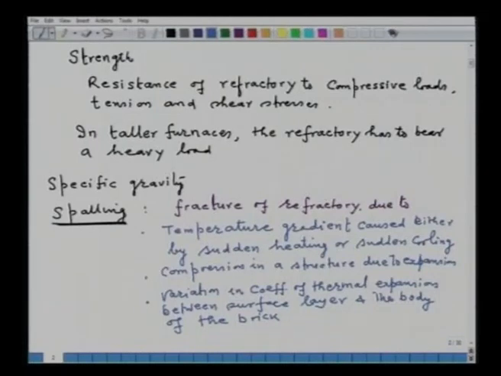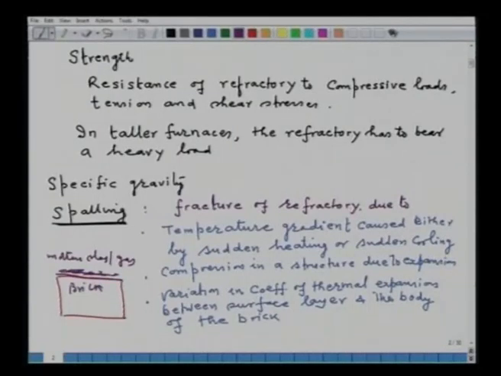Now, this can be explained. For example, if this is the brick and this brick is exposed to some molten slag or molten metal, or some gases, then what will happen? Say molten slag or gas, and this is the brick and this is the surface of the brick.